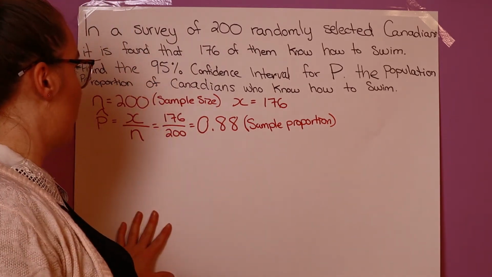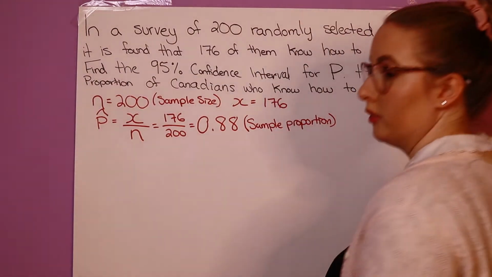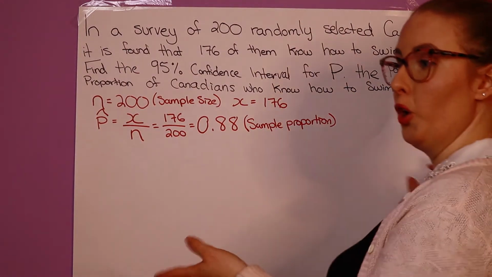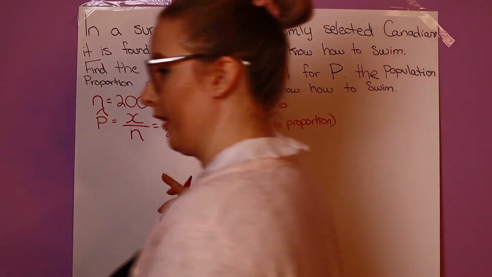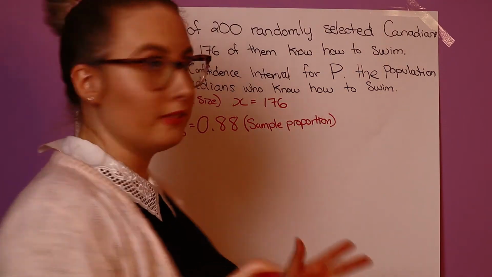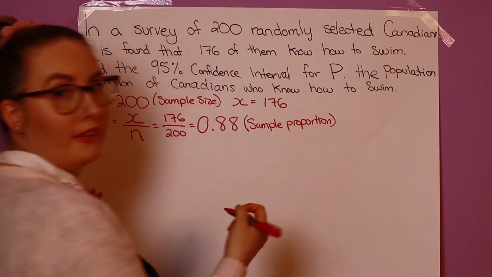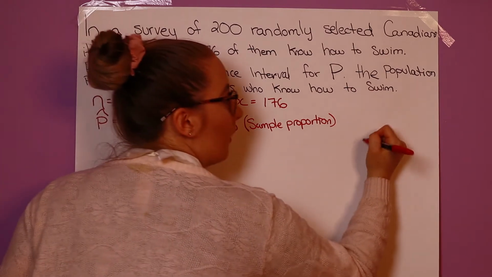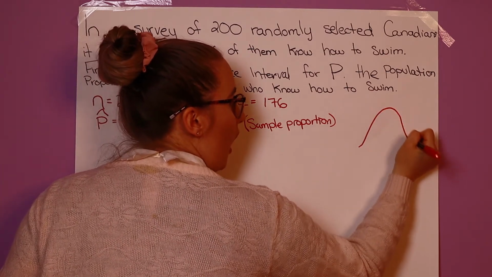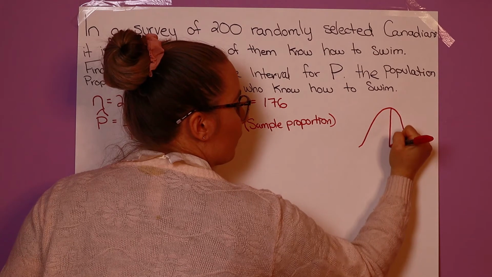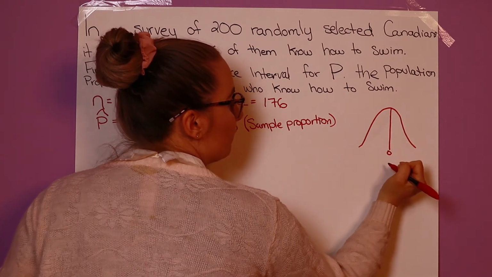All right, so once we have these, we're going to move on to find Z. So we're going to draw a hill. We're going to put 0 here.